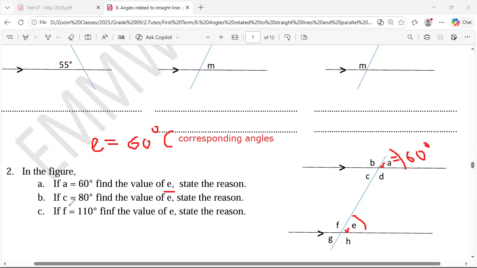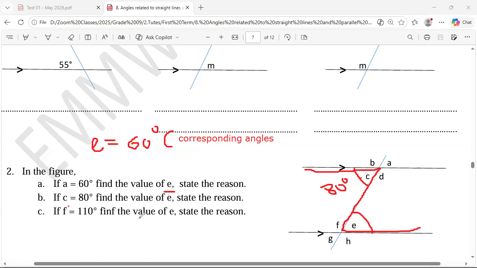Then, if C is equal to 80, where is my C? C is here. C is 80 degrees. Then they are asking what is the value of E and to state the reason. What is this? Z type, alternate.